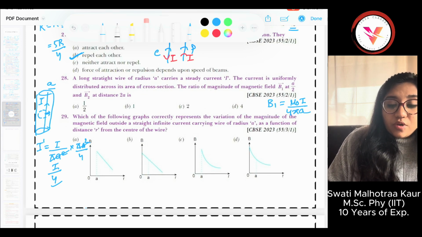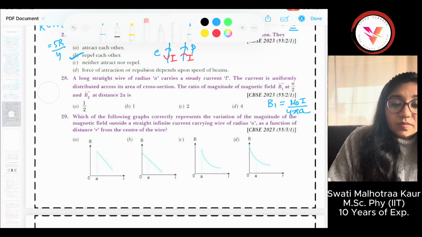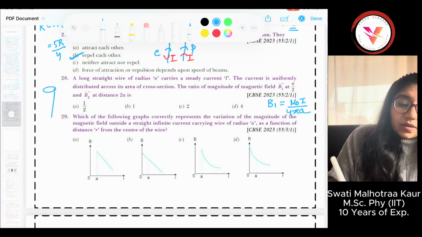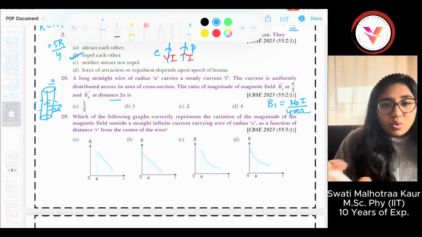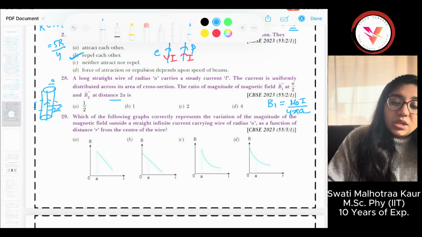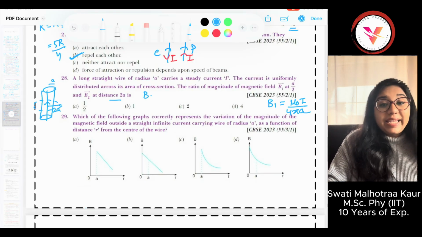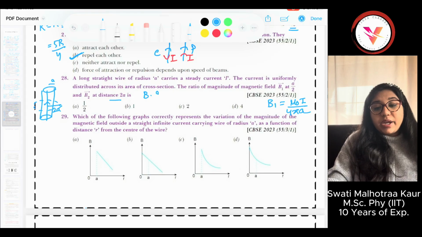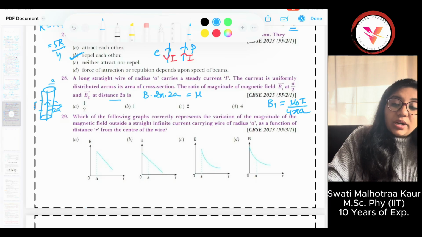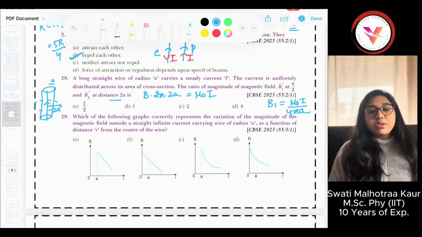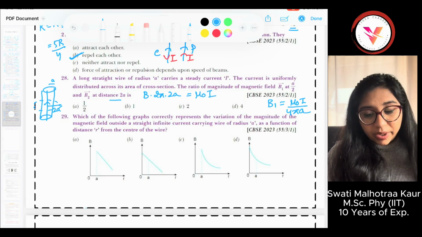Okay, now for B2, this has a radius A carrying current I. Now B2 is at a distance of 2A. Now if you take a loop, the total current I would be there, I enclosed. So here B dot dl, here dl would be 2 pi into 2A, because the radius is 2A now, is equal to mu naught I enclosed. I enclosed is I because the whole of the wire is coming inside 2A.